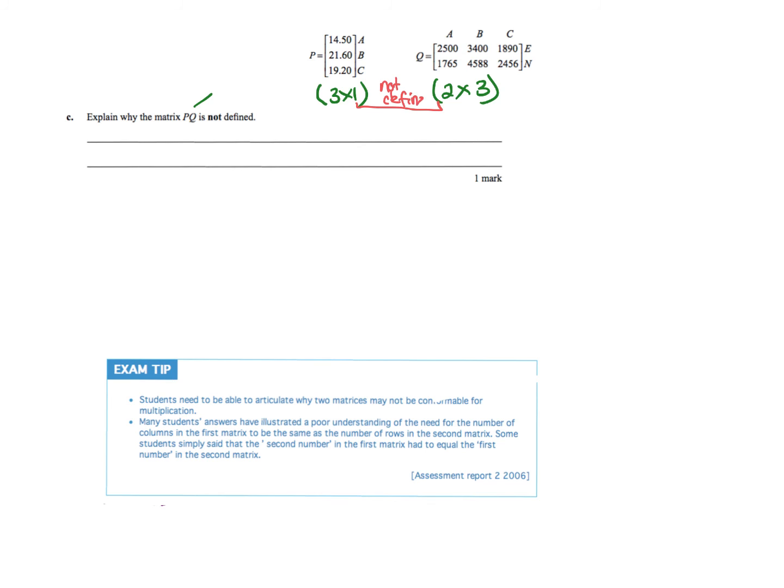No. But what they're looking for is that statement that we had in our notes, which I told you to asterisk.